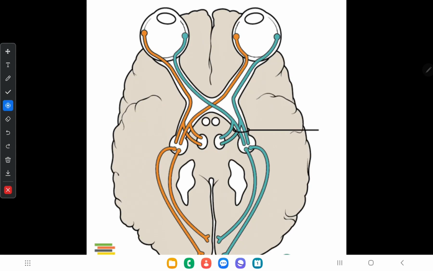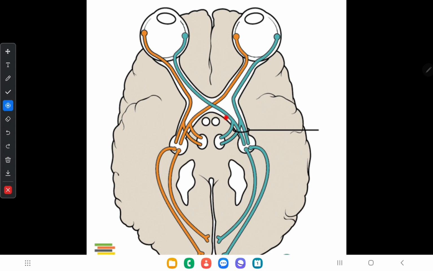Next, I am going to discuss the optic chiasma a little bit. The optic chiasma is a midline structure in the middle cranial fossa. This area is the optic chiasma. It is formed by the fibers of the right and left optic nerves. This is the right optic nerve and this is the left optic nerve.